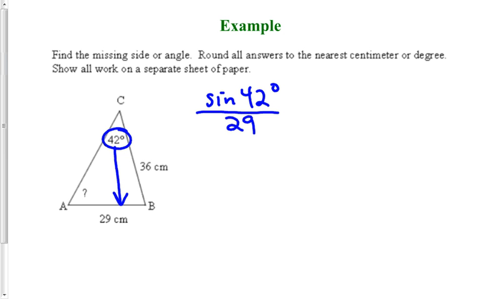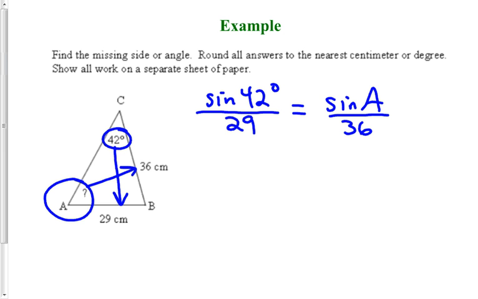I'm being asked to find angle A, and I know side A. That's good. So this is going to equal the sine of angle A over side A, which is 36. So again, I set up a proportion that has just one unknown. The ratio that I've left out is the sine of angle B over side B.